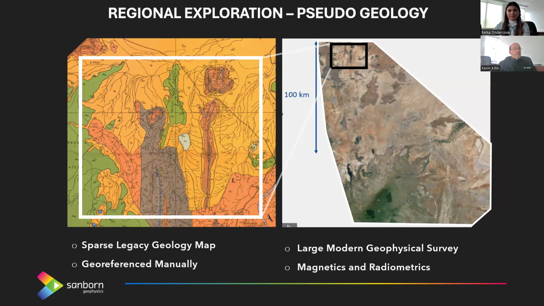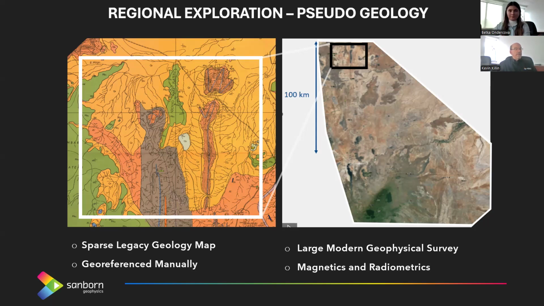So the whole area is a sparse outcrop. It's arid, and you can see that pretty much from the satellite base. The geology is fairly complex.